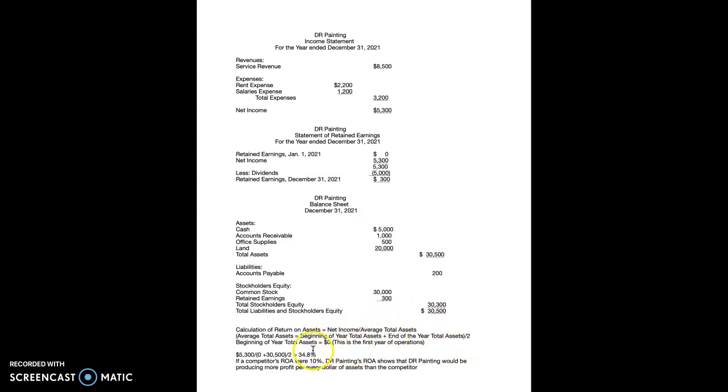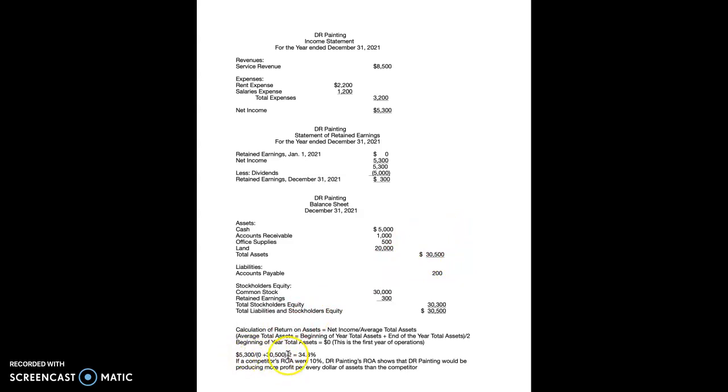All right, in my situation, my net income is $5,300 right here. And I'm going to divide it by the average total assets for DR Painting. Now, because this is DR Painting's first year of operations, it has 0 in total assets at the beginning of the year, but it does have $30,500 in total assets as shown on the balance sheet right here.